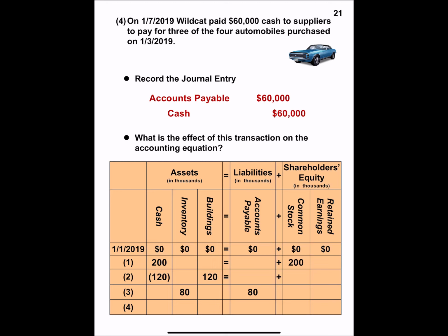Again, the effect on the accounting equation. Let's just take a look at this. And again, we see the parentheses around the $60,000 in cash, and then parentheses around the $60,000 in accounts payable. One thing I should point out here, as we're recording these transactions, there's no need to keep calculating the new balance in the account.